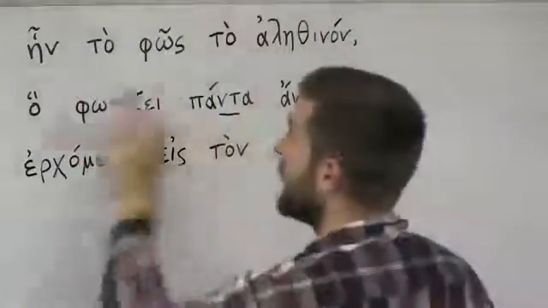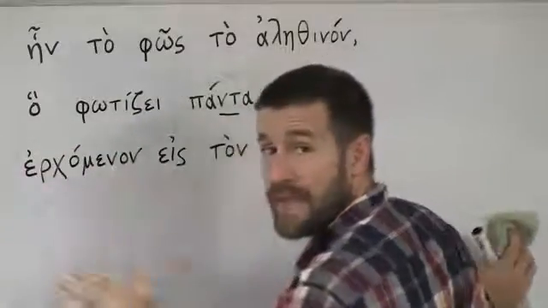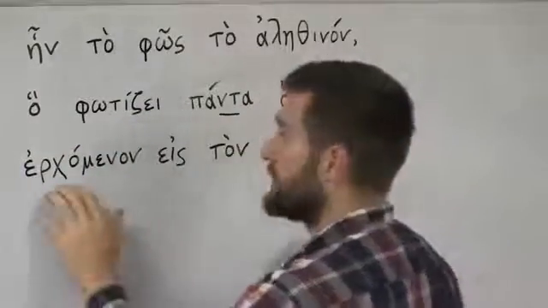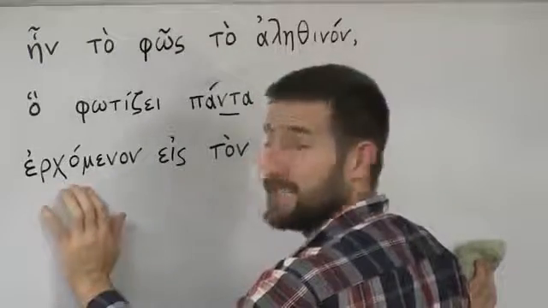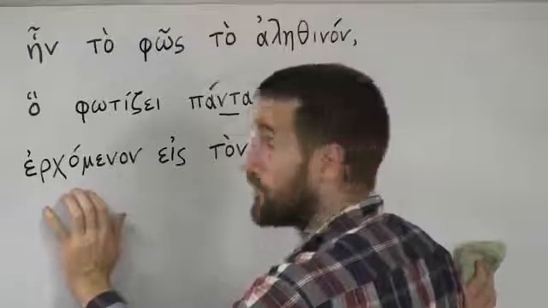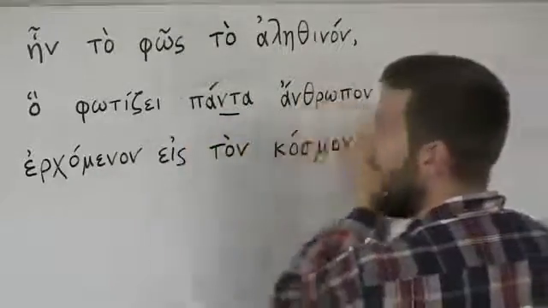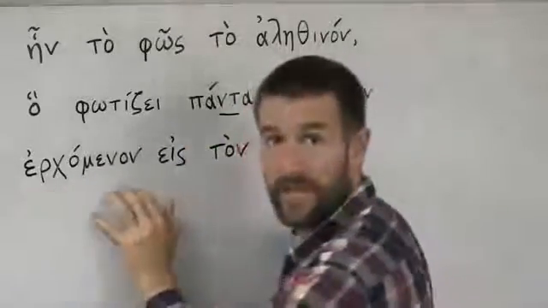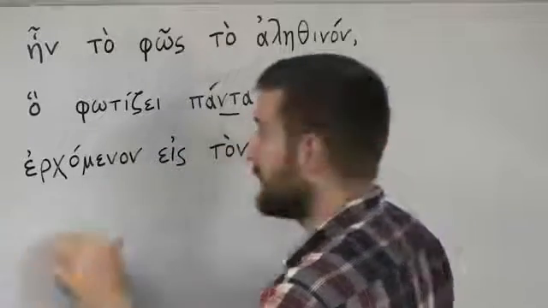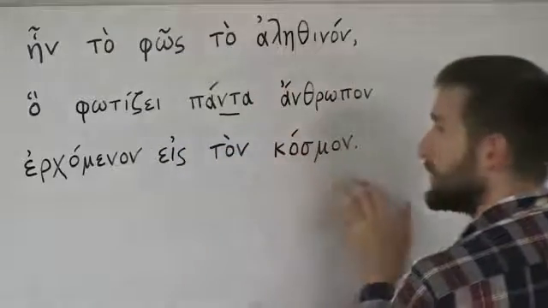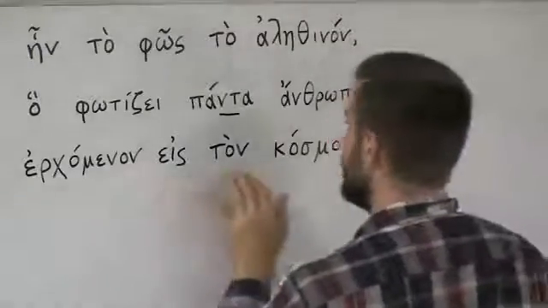Because that was the true light, which lighteth every man that cometh into the world. So erchomenon means that cometh, or that comes. Panta anthropon erchomenon: every man coming, or that cometh, eis ton kosmon, into the world.